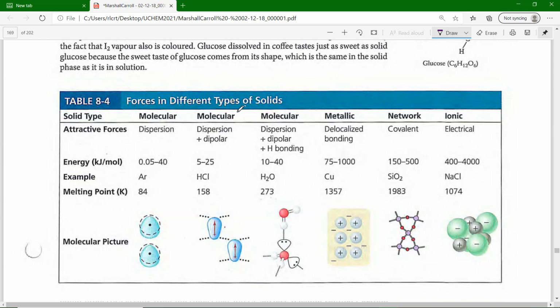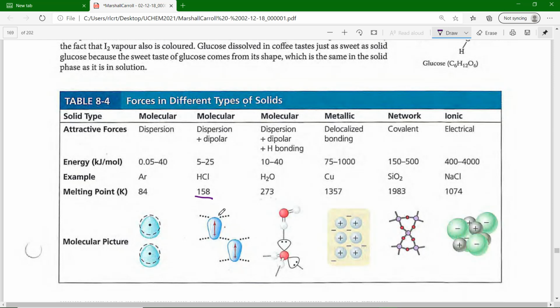Then I can have a molecular solid again, but it can have some polarity to it, so it can have dispersion and dipolar forces. For example, HCl, so you've got hydrogen chloride and then another hydrogen chloride, and look at the melting point, it's much higher.